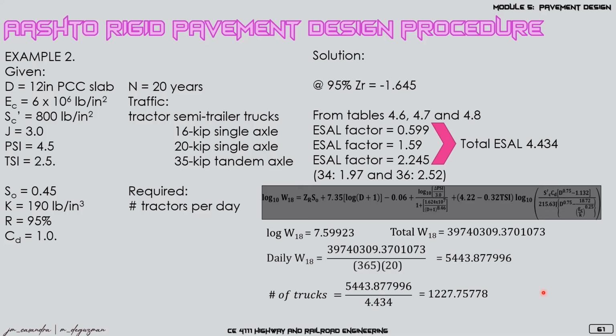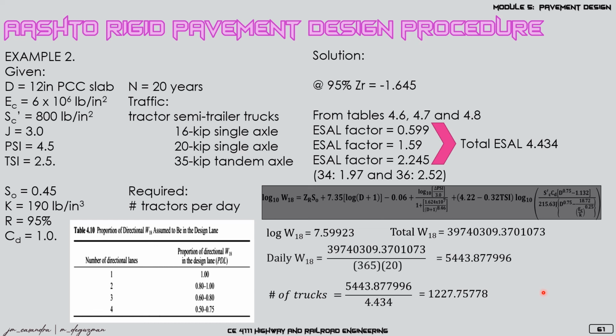But take note that we are required to identify the number of tractors passing in the north direction. So in that case, we're going to use now this table from your module, which gives us the proportion of directional traffic in a pavement. So from the problem, it is a 4-lane highway. So we are going to use a PDL of 0.5 to 0.75.